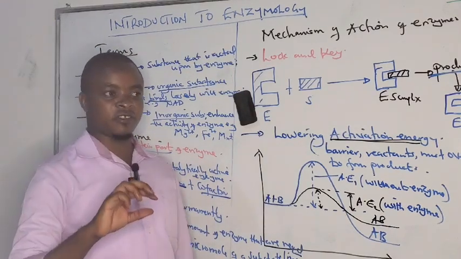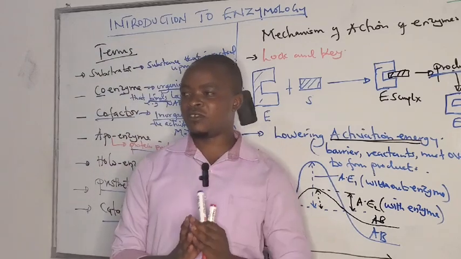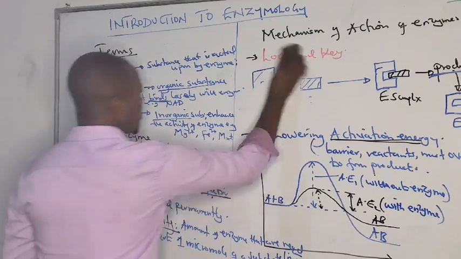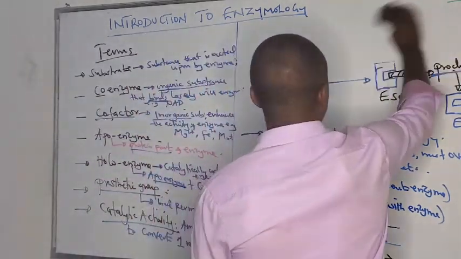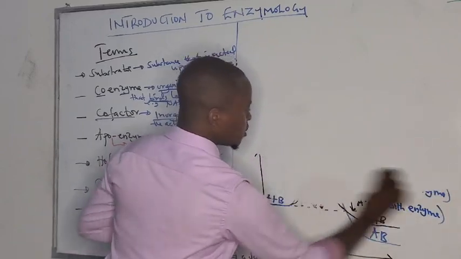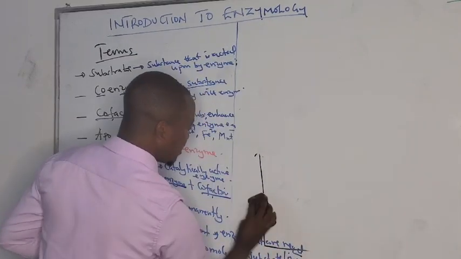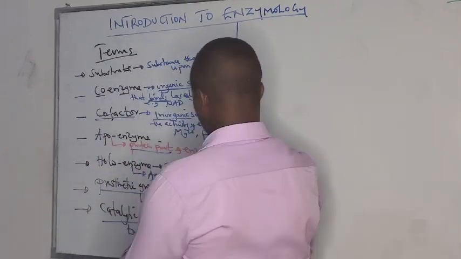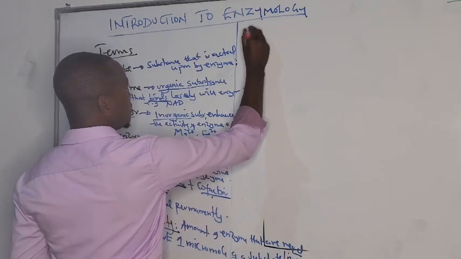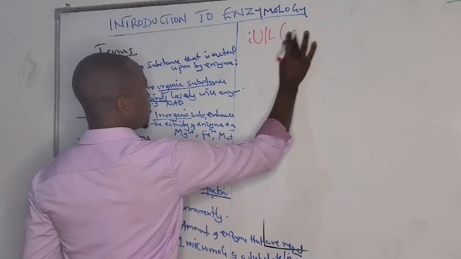And this catalytic activity of the enzyme is measured in international units per liter. So the definition of a catalytic activity is the same as international units per liter.